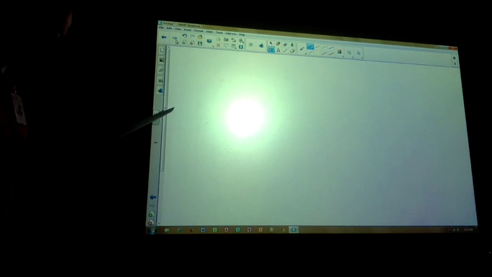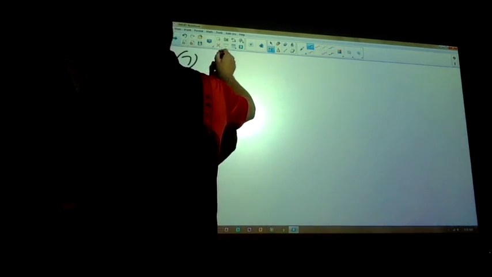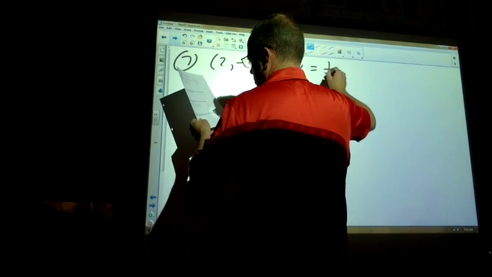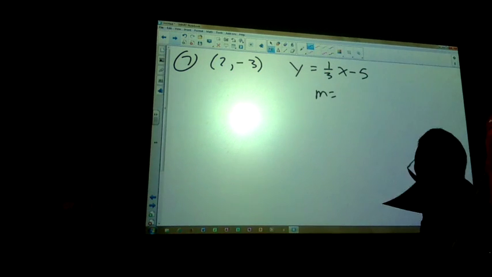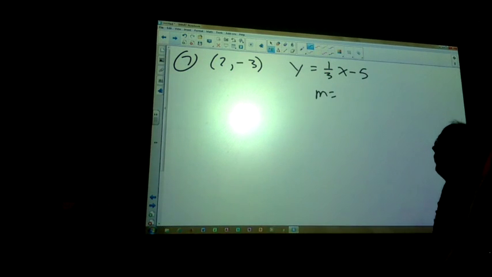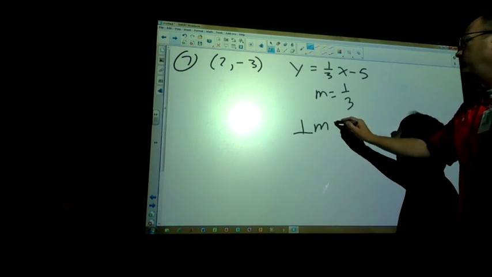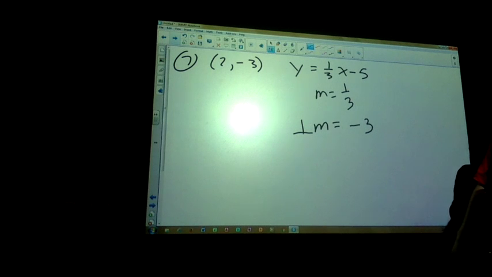7, write an equation. That's key. That's perpendicular. What is my slope of this line? 1/3. So what would the perpendicular slope have to be? -3. Could I put -3/1? Sure.